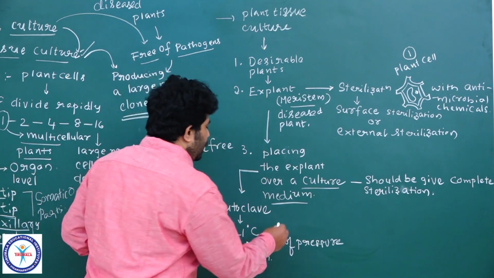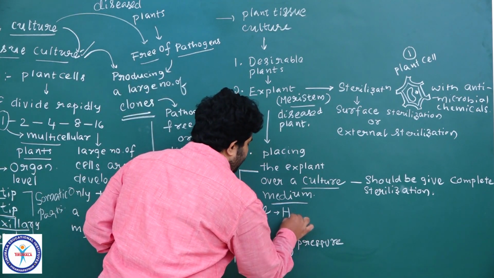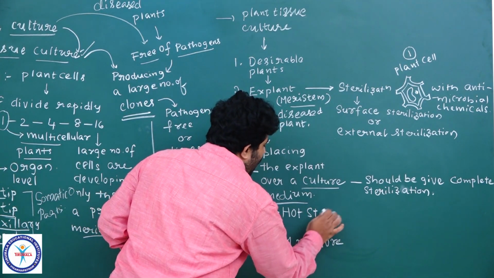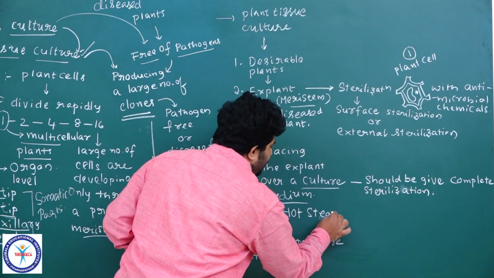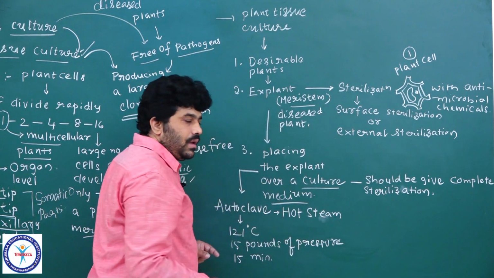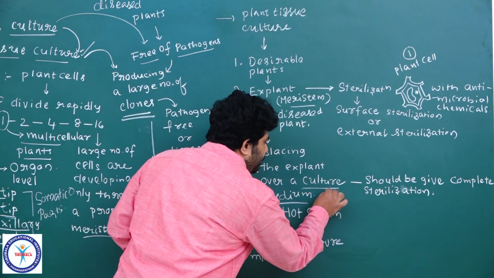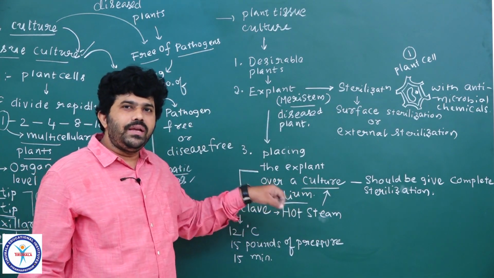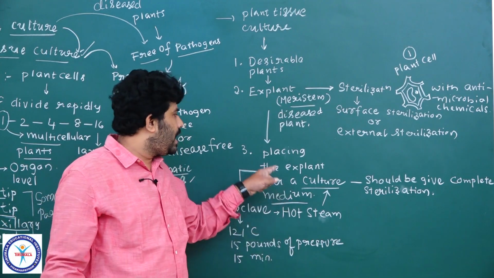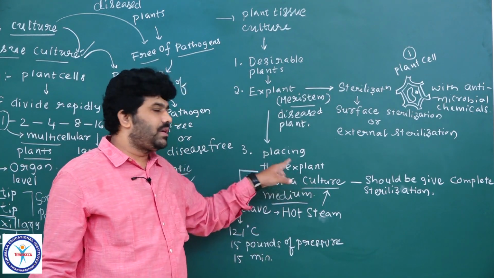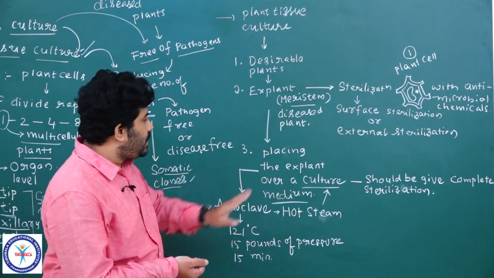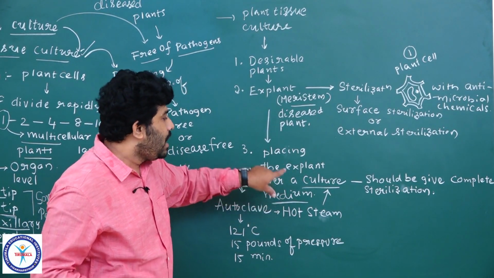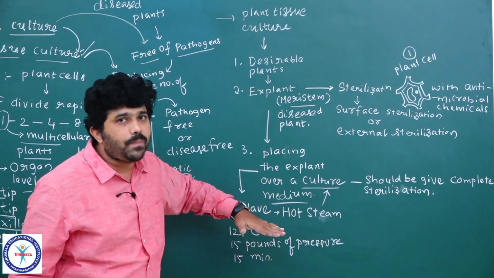Then hot steam is produced from the autoclave, and this hot vapor cleans the culture medium. Then that culture medium is suitable for supplying nutrients to the explant we are ready to place. Before placing the explant on the culture medium, the medium should get proper sterilization.